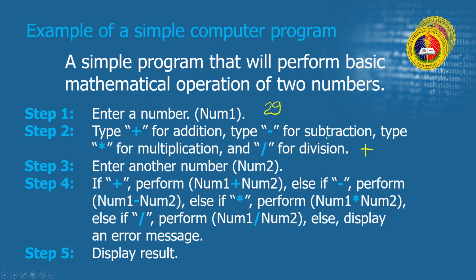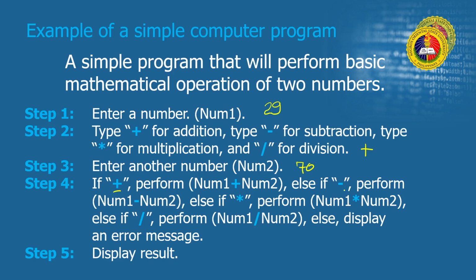Now, okay, so this is the instruction that the computer will perform. Atong ingon ang computer na kung ang gi-enter sa user is plus, then perform num1 plus num2, meaning 29 plus 70. However, if ang gi-enter sa user is minus, then perform num1 minus num2, or number 1, which is this, minus num2, which is 70.